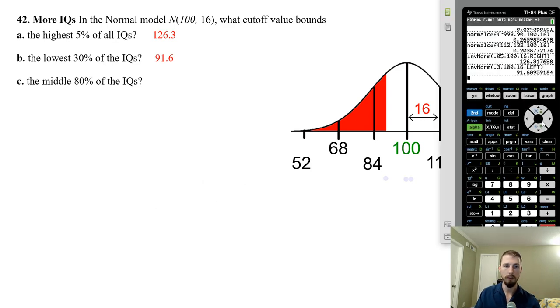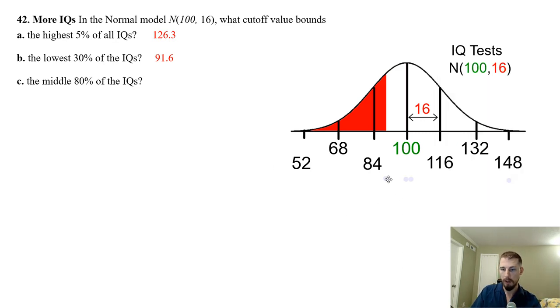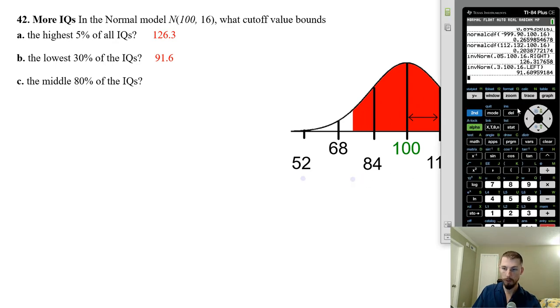Middle 80%. So it's kind of like an interquartile range, but instead of 50% from the middle, we want to measure 80% from the middle. So graphically, that would look something along the lines of this. And somewhere over there, so that would be about 80% measured from the middle. And of course, we can do the same thing with the inverse normal. So second variables, third option, inverse normal.